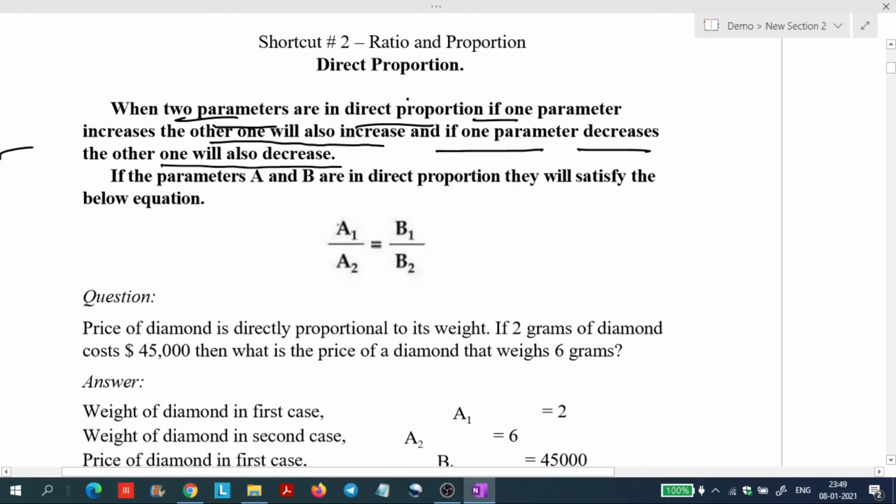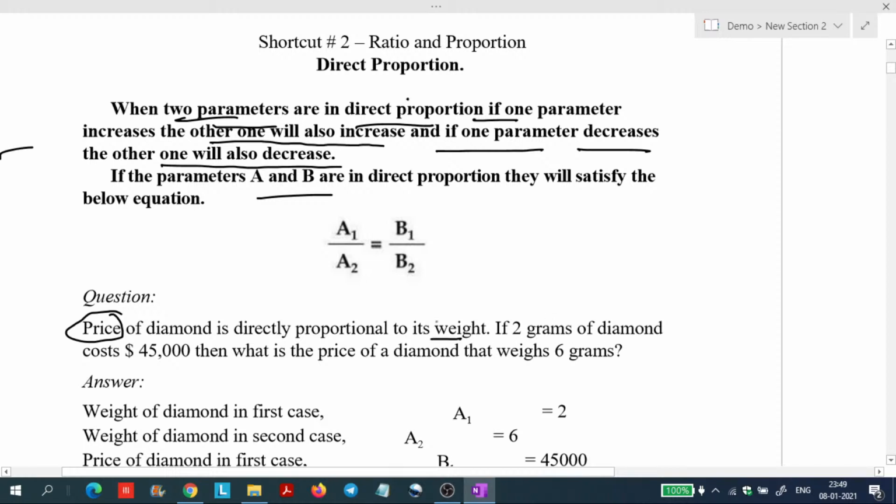If the parameters a and b are in direct proportion, they will satisfy the equation a1 by a2 equal to b1 by b2.